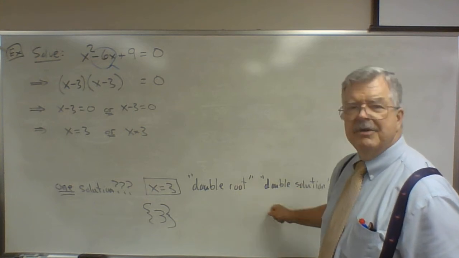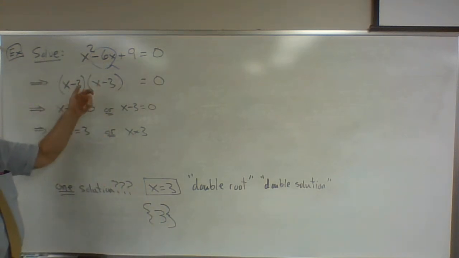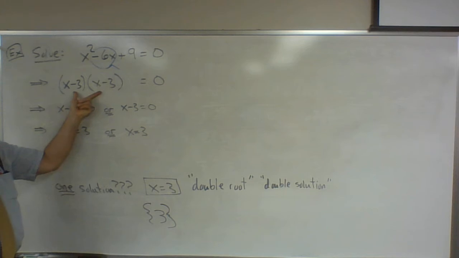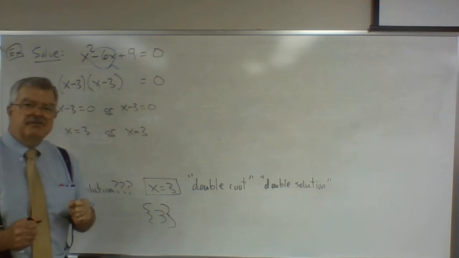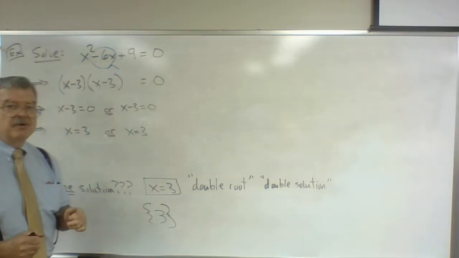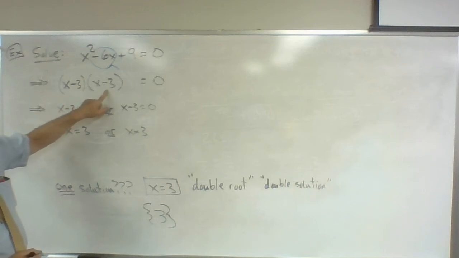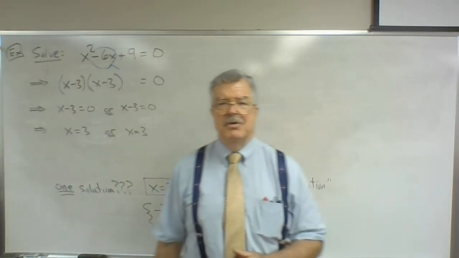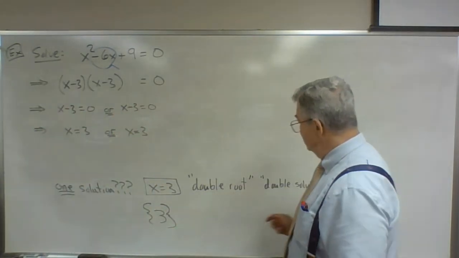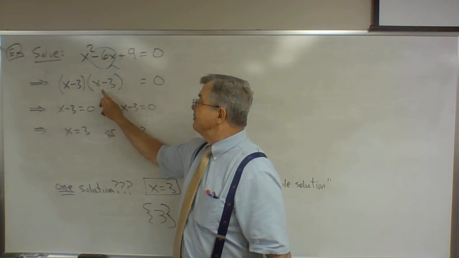We get a double root or a double solution. See that? Because the quadratic equation factors into two factors that are identical. And so this factor and this factor are going to give us exactly the same solution, or exactly the same root. We get x equals 3 from this factor. We get x equals 3 from this factor. We have two factors that give us the same root. So we say that 3 is a double solution or a double root because it's the root of this factor and it's the root of that factor.